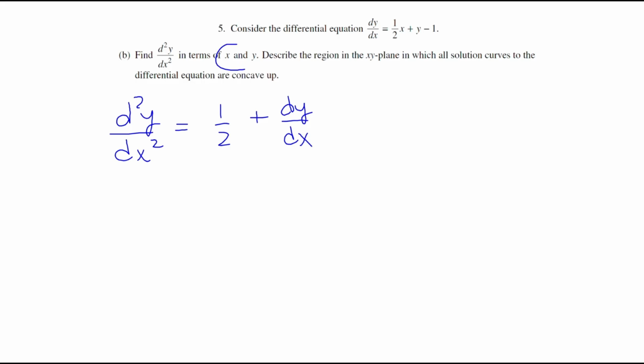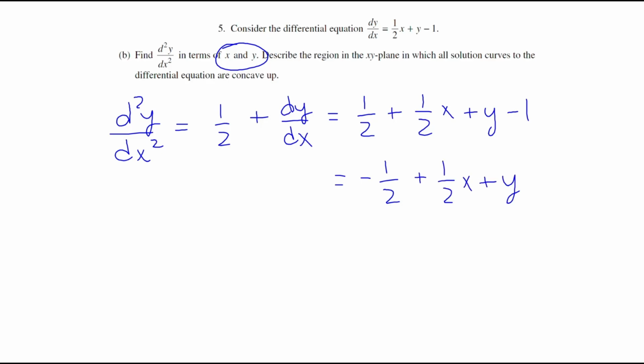And it does say to do this in terms of x and y, which we don't have yet. So this should be 1/2 plus our original dy dx. So we could rewrite this as negative 1/2 plus 1/2 x plus y.